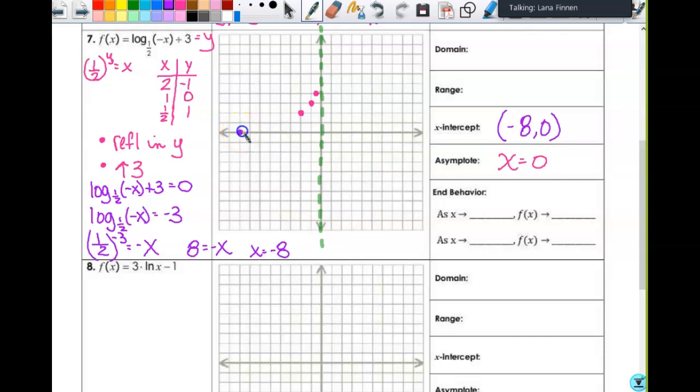So at this point right here. And that's what my graph looks like. Any questions about the graph?